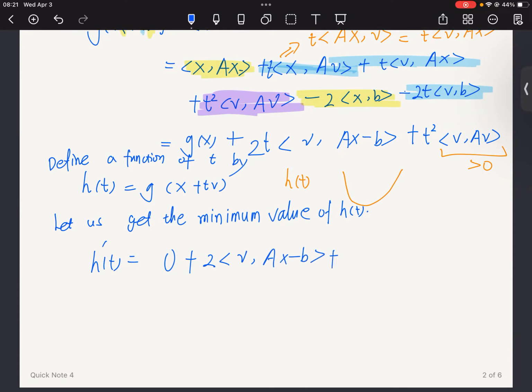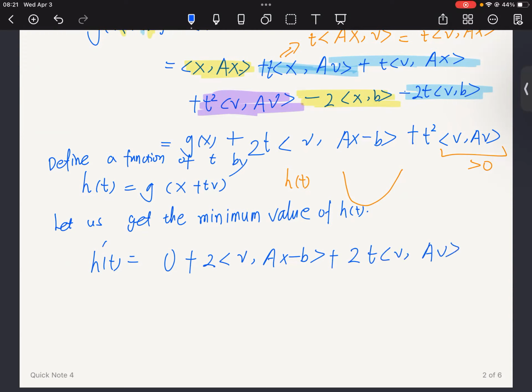For the third term, the derivative with respect to t is 2t, and you can treat this part as a constant. So we just write that down, and we get 2t times the inner product.